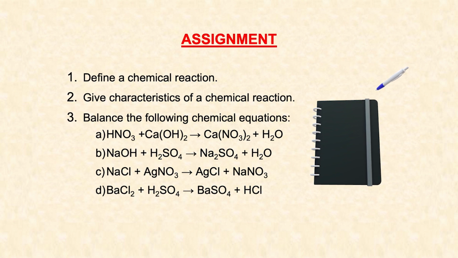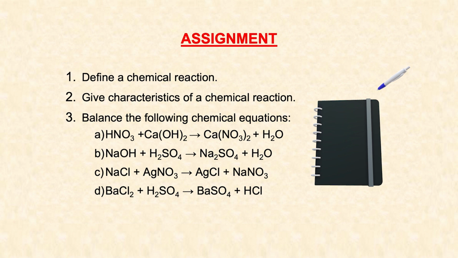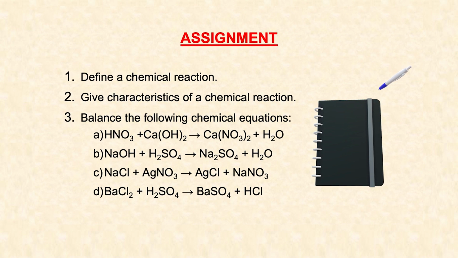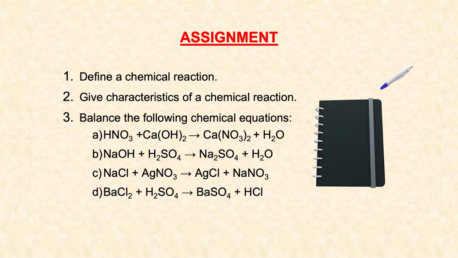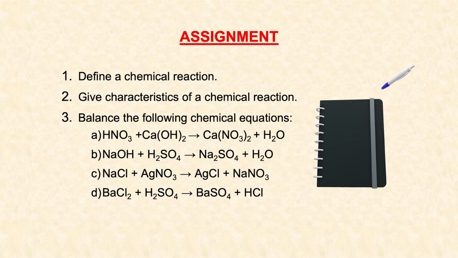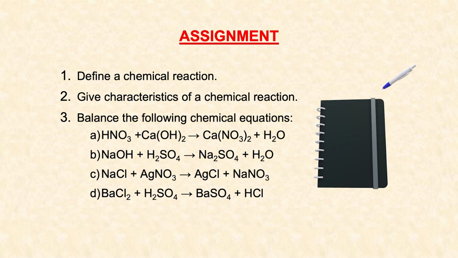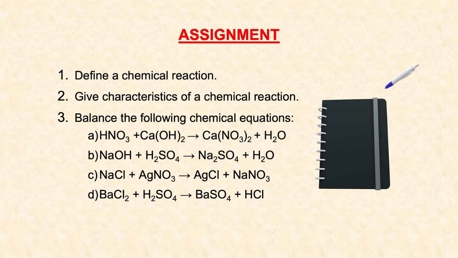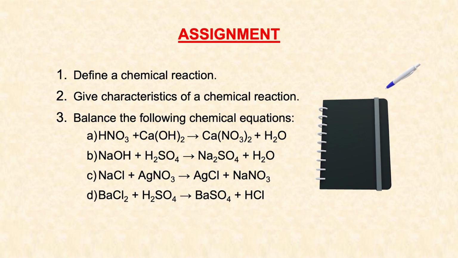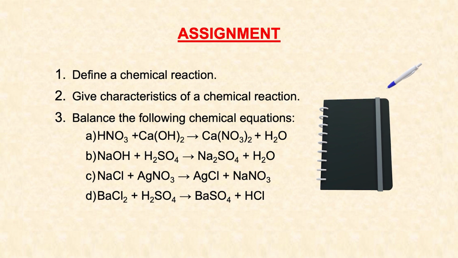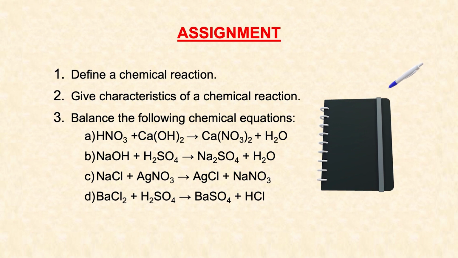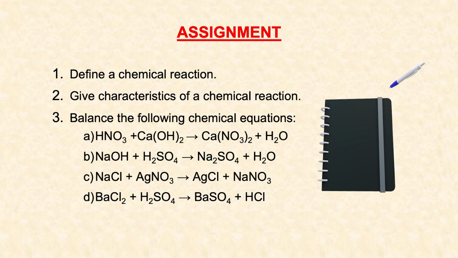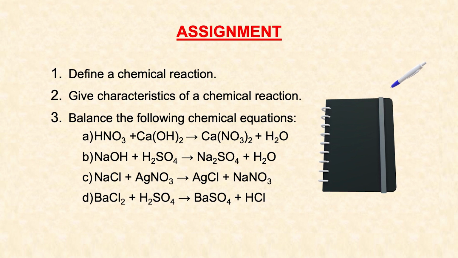Second, NaOH plus H2SO4 gives Na2SO4 plus H2O. Third, NaCl plus AgNO3 gives AgCl plus NaNO3. Fourth, BaCl2 plus H2SO4 gives BaSO4 plus HCl.